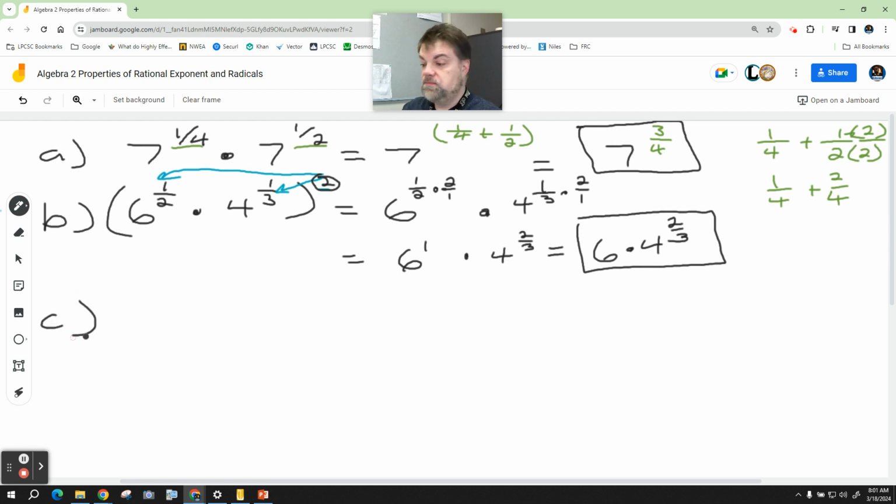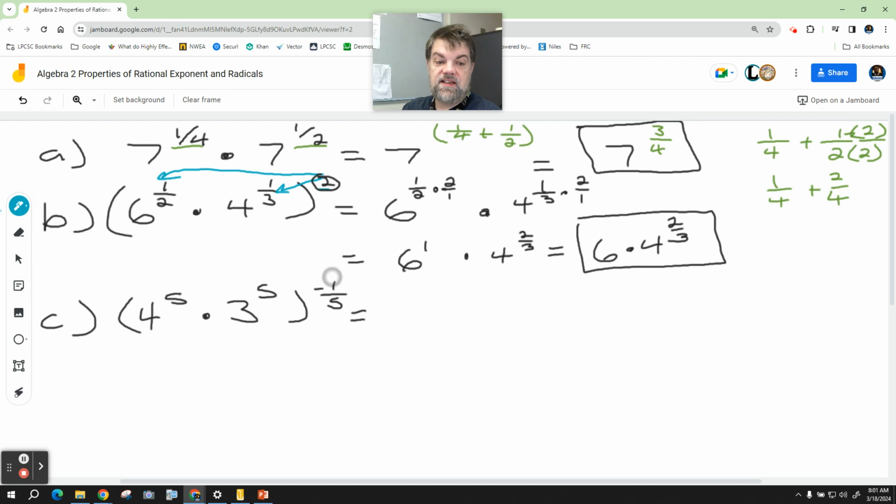Part C. If I have the same base, 4 raised to the 5th. Oh no, these aren't the same base. And 3 raised to the same power. Different bases, same powers. Raised to the negative 1/5. That's an interesting one. We could literally do this a couple of ways, but let's just go through.